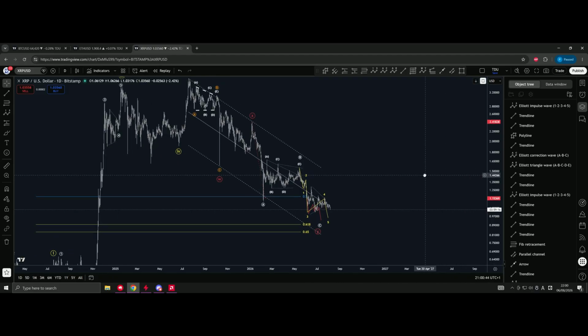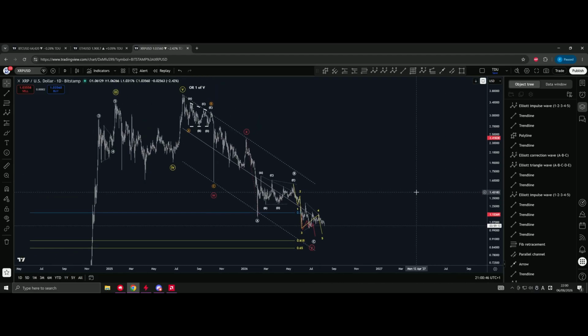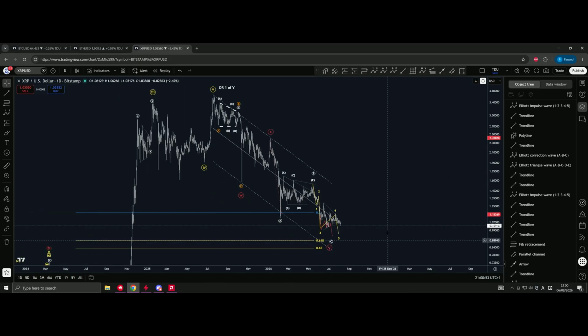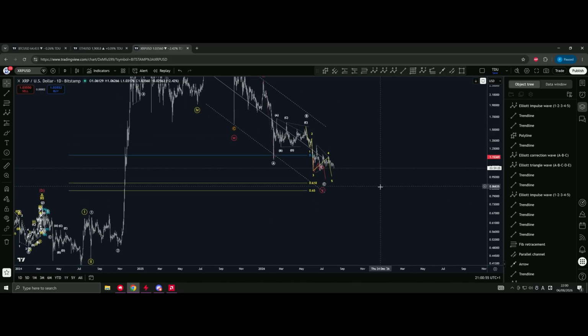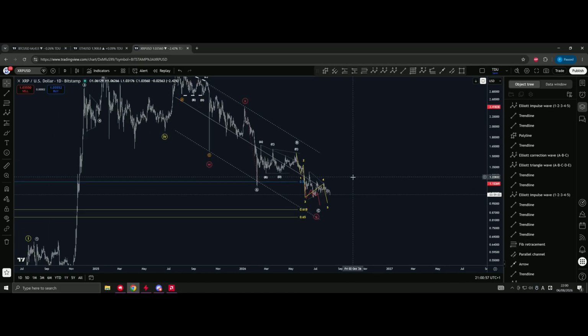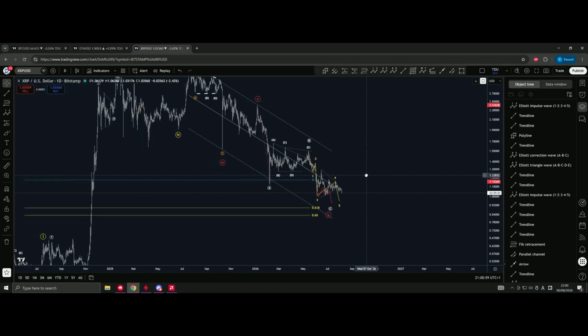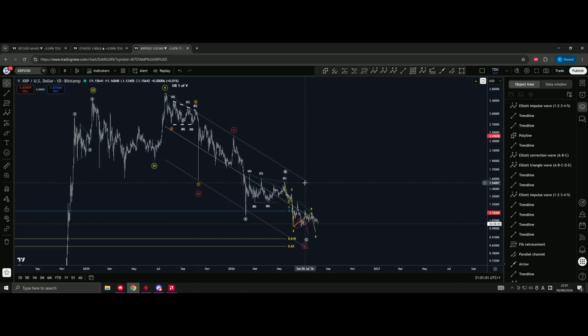And this would also complete a double zigzag. One zigzag X, another zigzag Y. It's not going in a demand zone though. And for XRP, the confirmation is going to be tough because this channel is so far up.